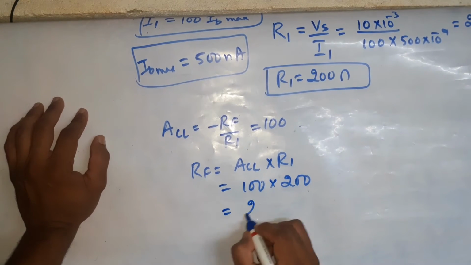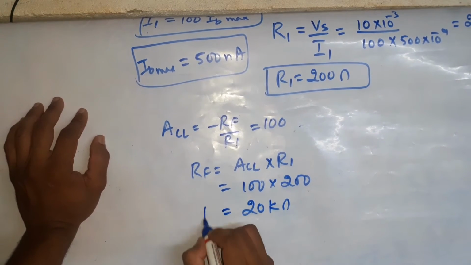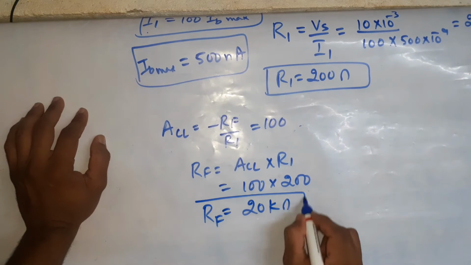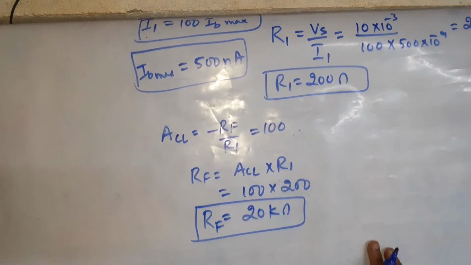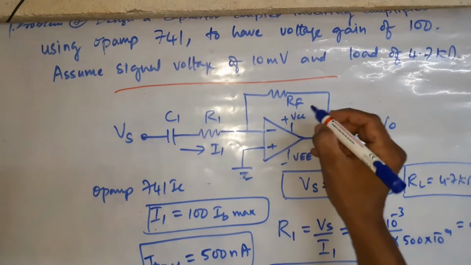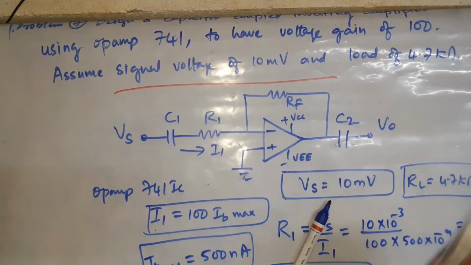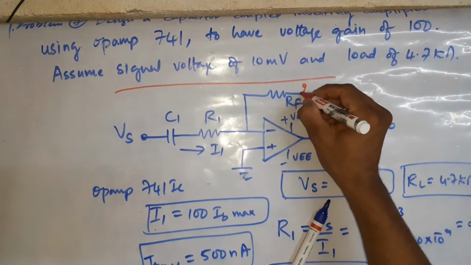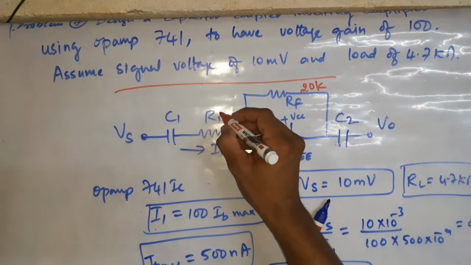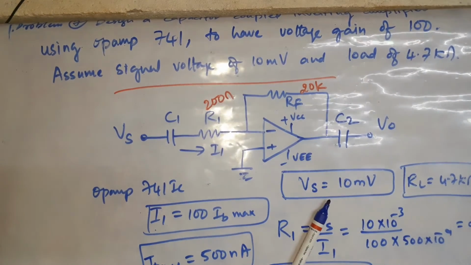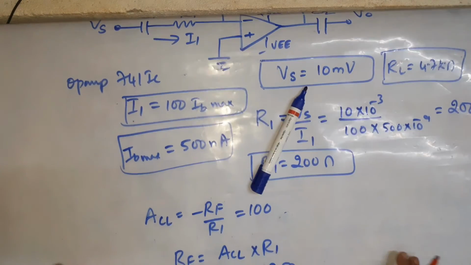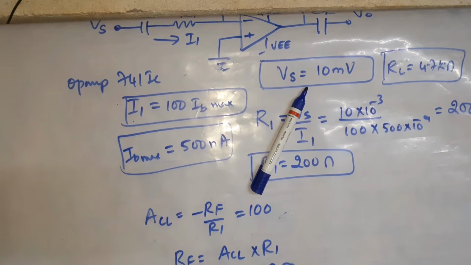So this will give you 20 kilo ohm. This is your RF. You write here RF is 20k and R1 is 200 ohms.